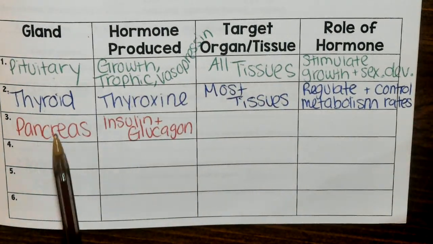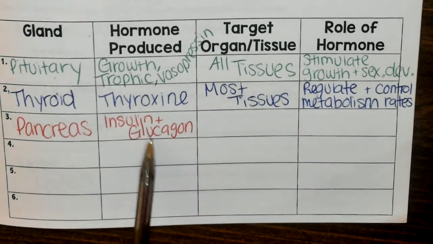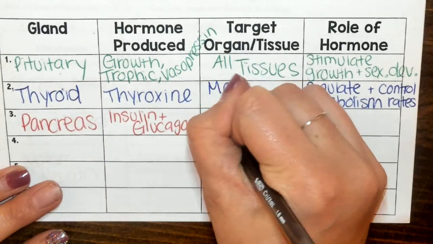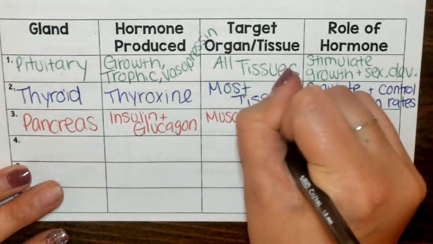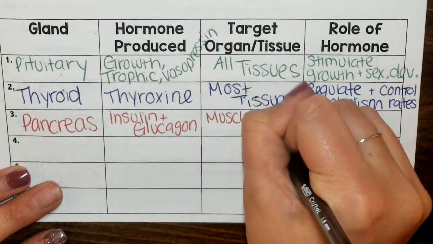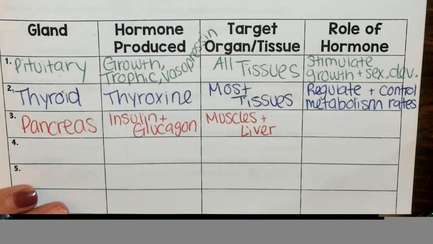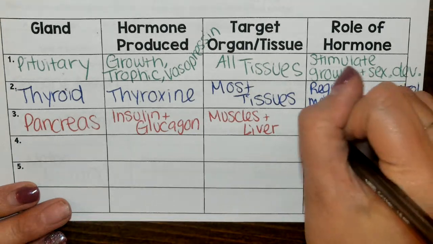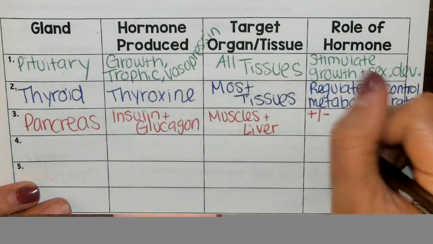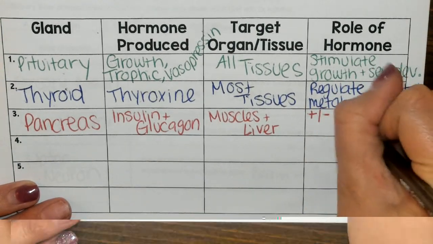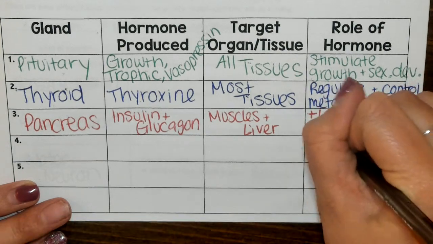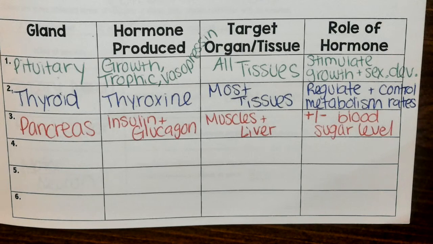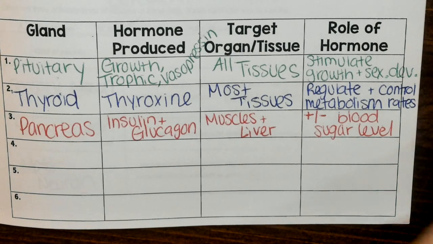The pancreas produces insulin and glucagon, and it is targeted mostly to your muscles and to your liver. So these are our target tissues or target cells. And the role of insulin and glucagon is to increase or decrease blood sugar level. And that is the pancreas.